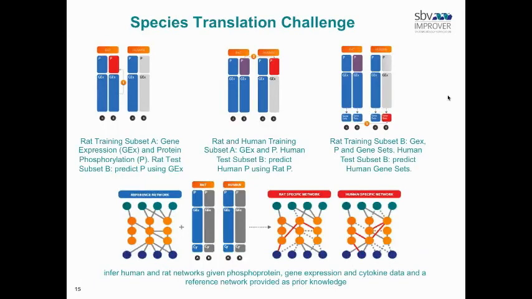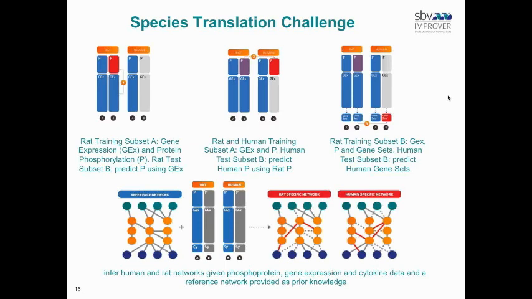In one sub-challenge, the participants were asked to predict phosphorylation data within one species, within rat. If you have transcriptomic and phosphorylation data for perturbation A, and you only have transcriptomic data for perturbation B, can you predict phosphorylation?